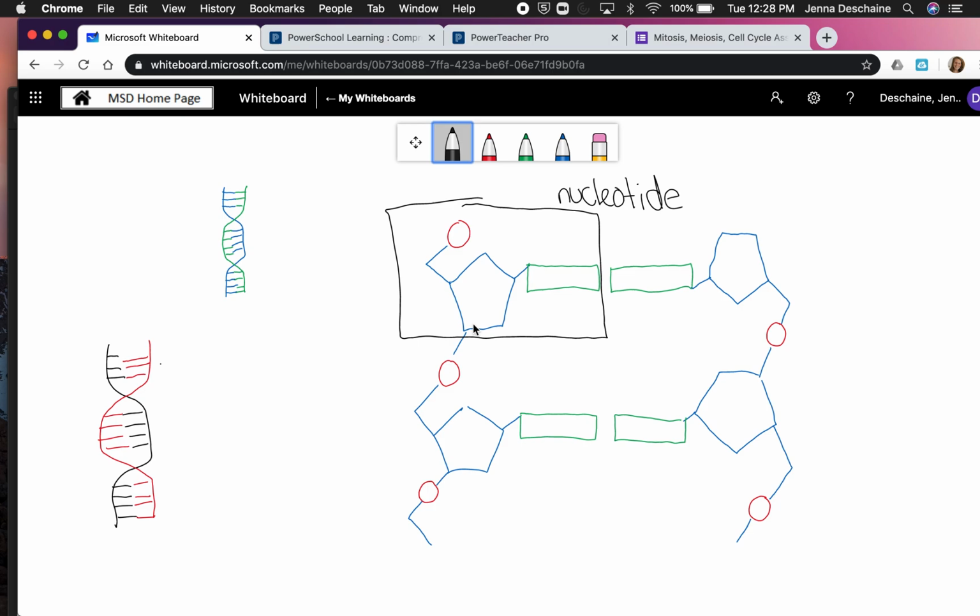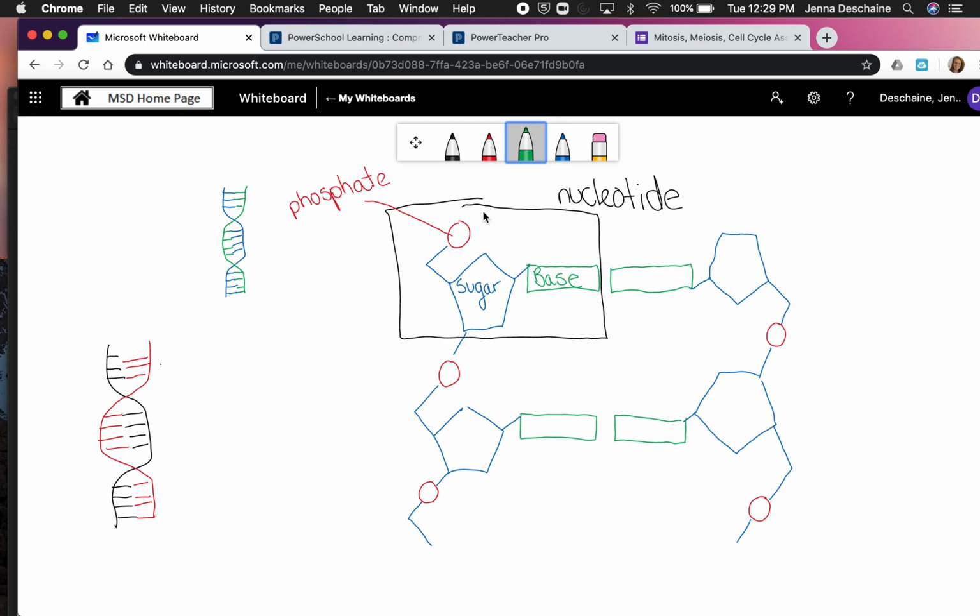All right, and a nucleotide is made up of this pentagon looking thing right here. This is called a sugar. All right, then this red circle right here is phosphate, which is just a chemical molecule. All right, and this last one right here, this green part, is a base.